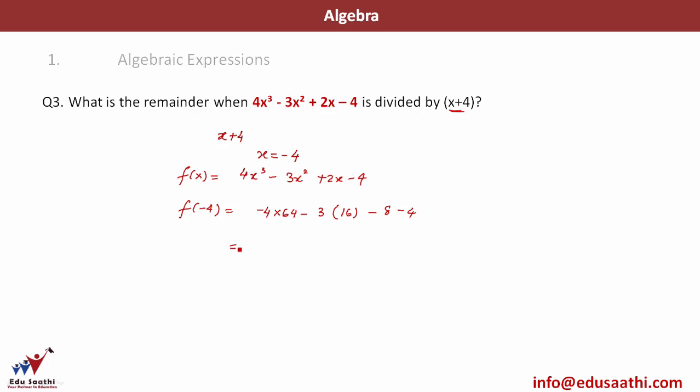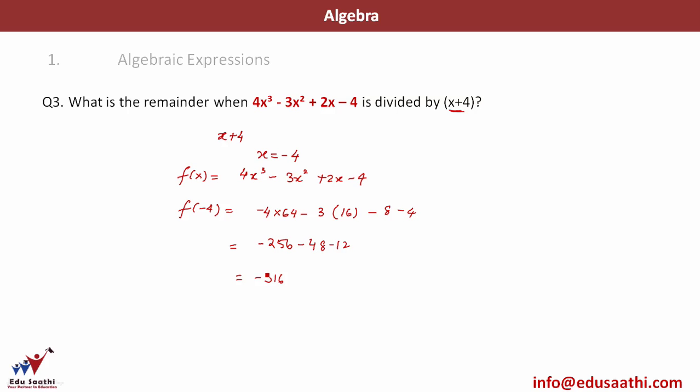If I look at it, this will not cancel out to give me an answer of 0. If it is not giving me 0, that means it is not a factor. It will give me a certain remainder, and the question is finding that remainder. So if you just look at the values that we have here and add them up, we get 316, which is our remainder.